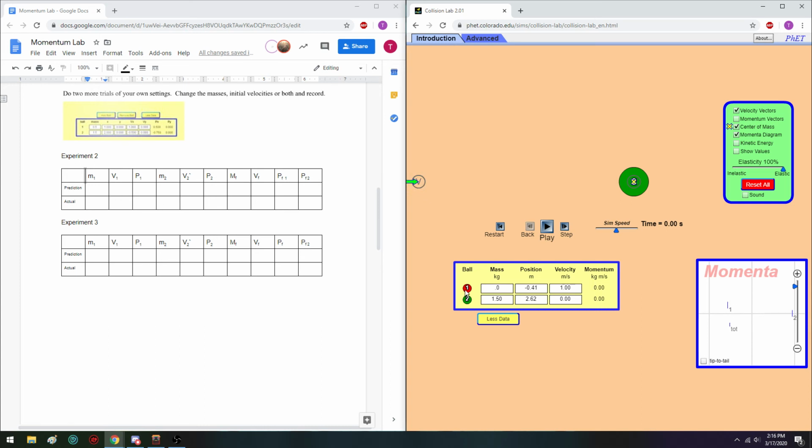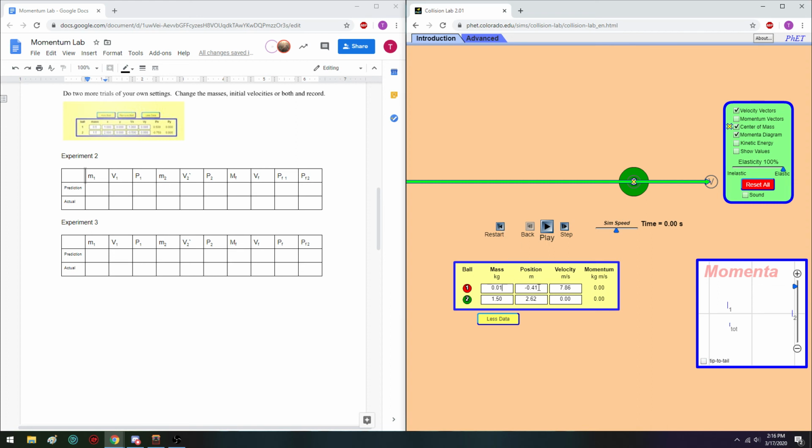You can make it a very, very tiny mass and make it go and hit the object and see what happens. You can change the velocity of it and see what happens. Or you can see what happens if you change ball 2.